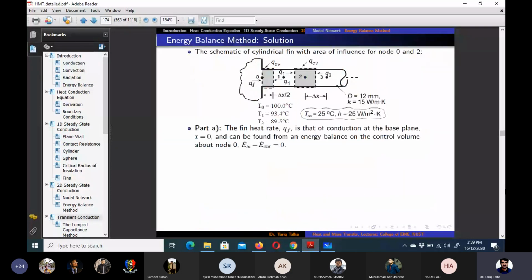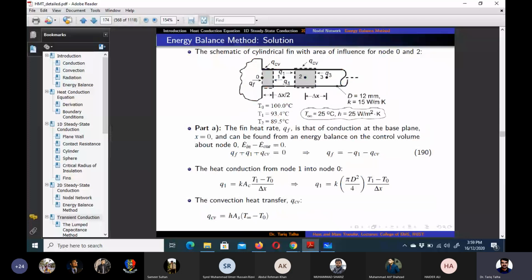If we see the schematic here, for node 2, if we draw the area of influence, this length is total delta x. But for this boundary node, it was delta x by 2, because it was kind of a boundary node. But for node 2, it is complete delta x length here. Why is that? Because it is an interior node.